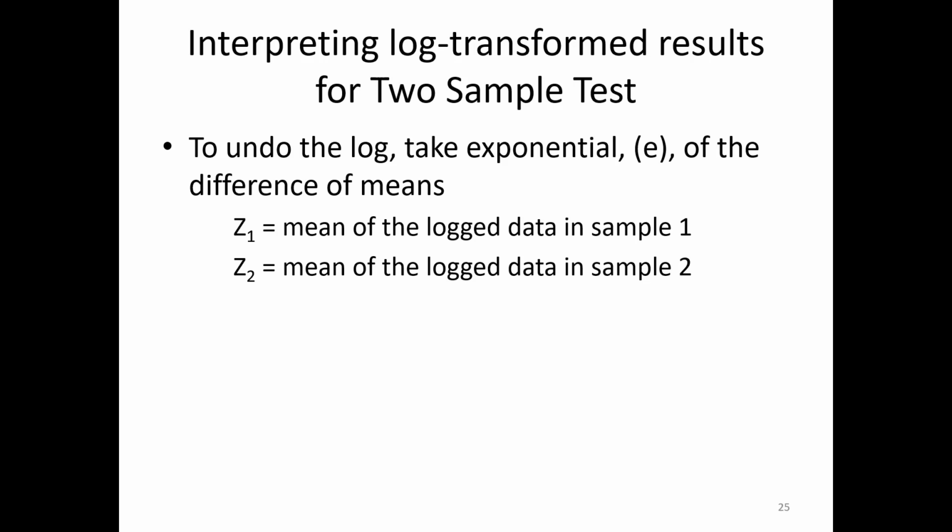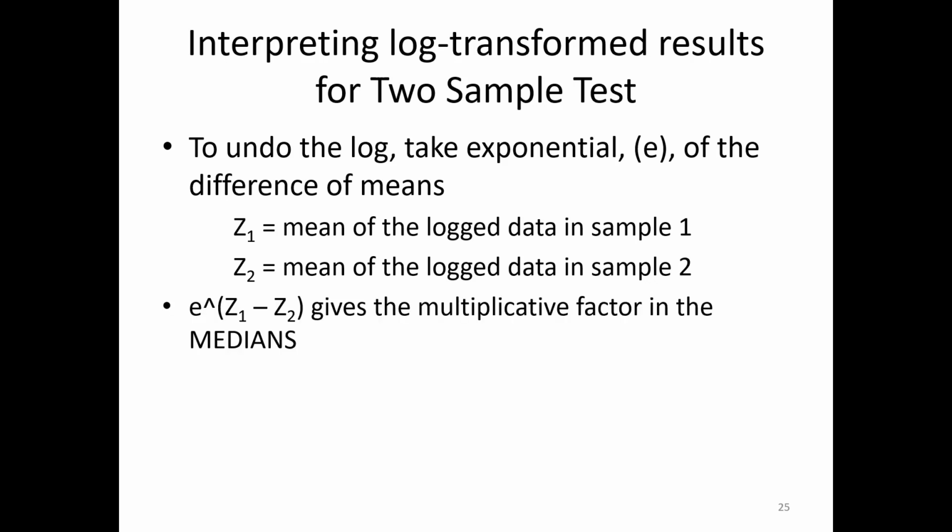But we need to undo the log, or take the exponential of the difference of means. So if we say Z1 is the mean of the log data of sample 1, Z2 is the mean of the log data in sample 2, we take Z1 minus Z2 and take e to that value.